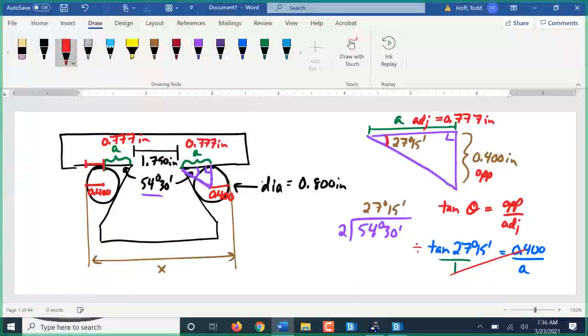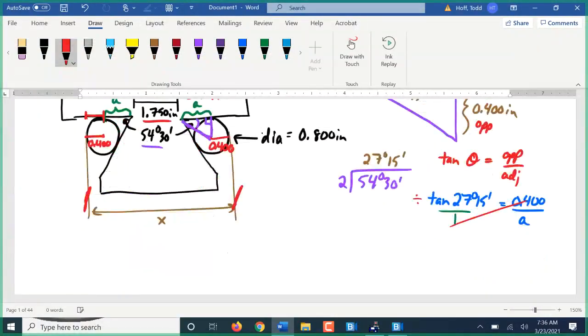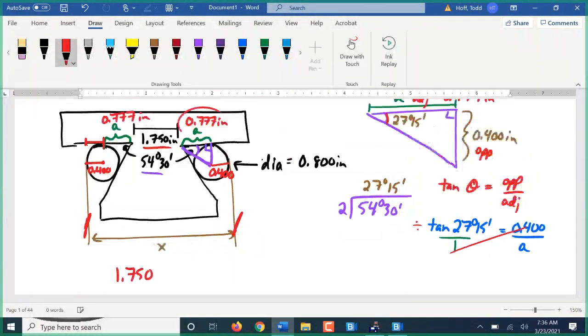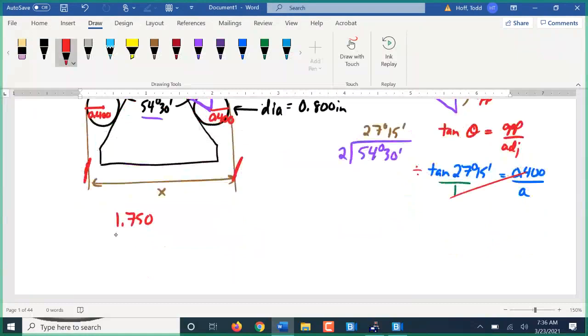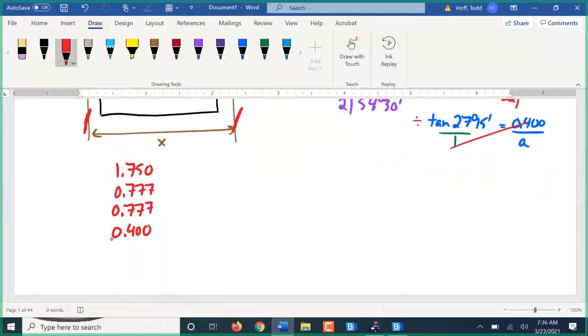So this overall distance here across X, we have the 1.75. We have the 0.777 on each side. And we have the 0.4 on each side. So we add that all up.